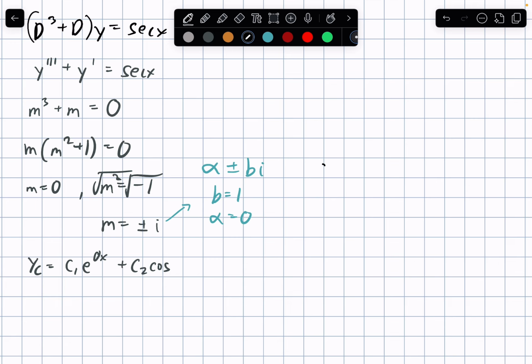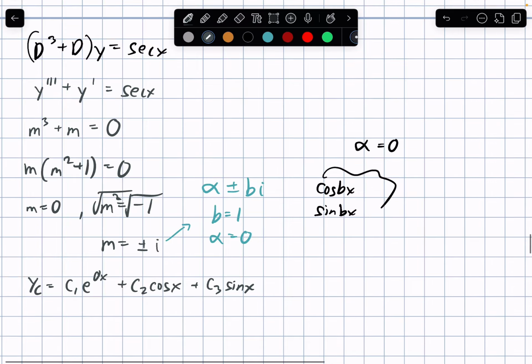Again, your transcendentals are cosine bx and sine bx. And under these expressions, the assumption is that your alpha is equal to 0. No? So b is just 1. So cosine x plus C3 sine x. So that is your yc.